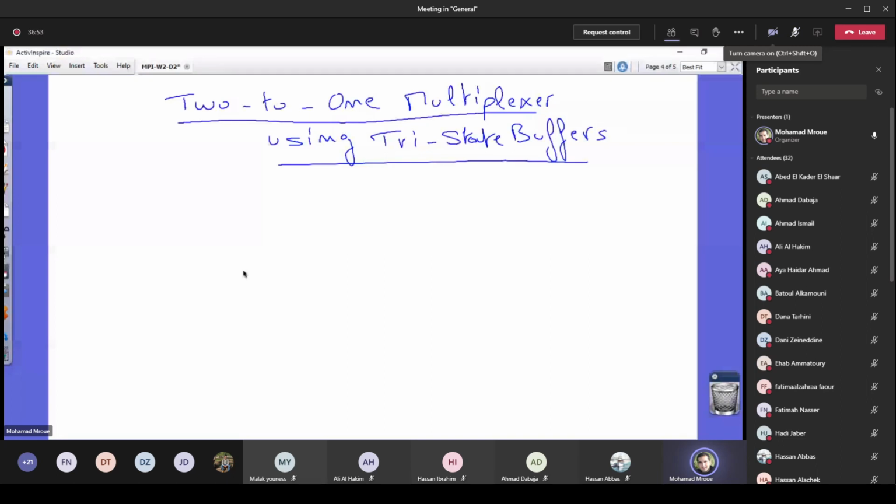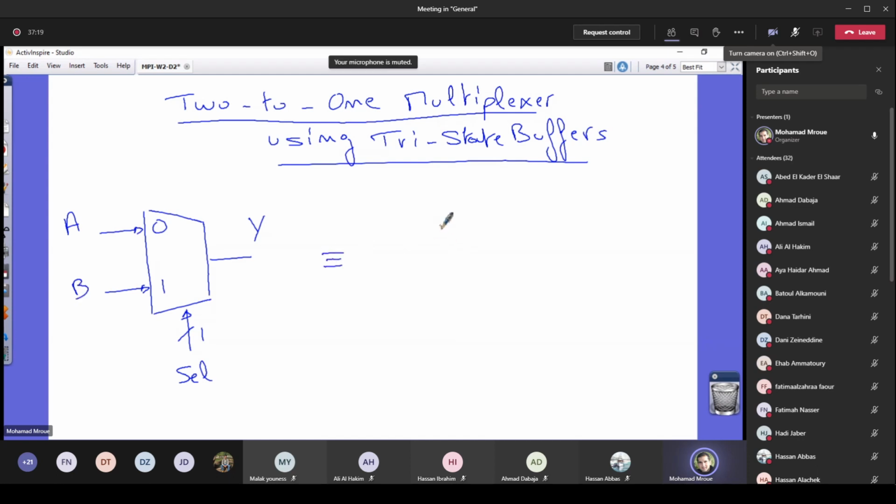So here, to design for example a 2-to-1 multiplexer, we know that a 2-to-1 multiplexer, let's say we have input Y, so using tri-state buffer we can do it this way.